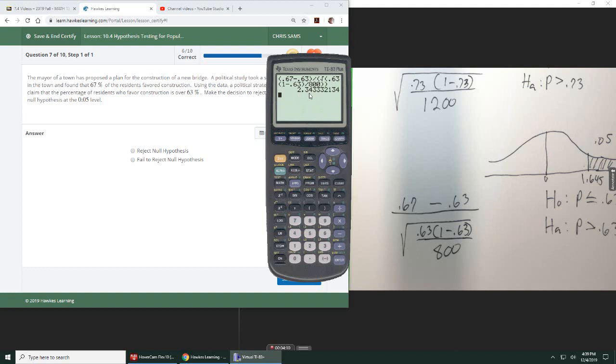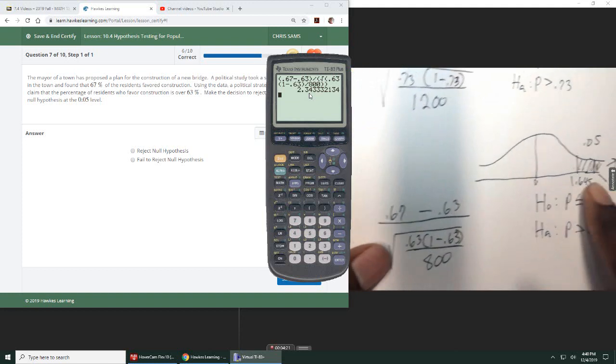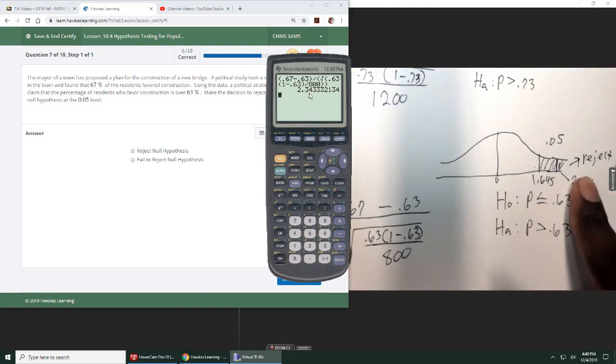We get 2.34. So 2.34 is going to be over here, much bigger. This falls in the rejection region, which means we reject H0.